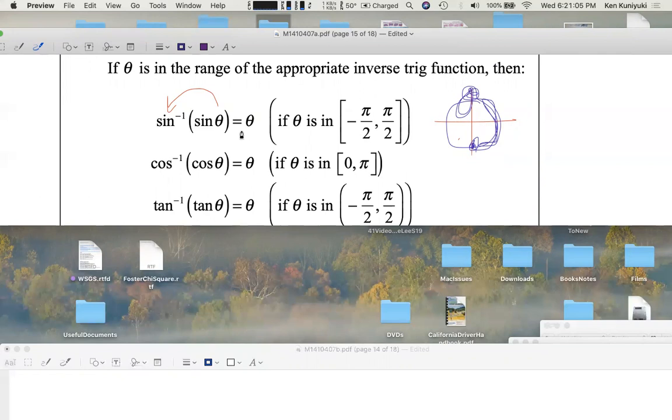Otherwise, what happens if theta is not in this range for inverse sine? Then one of several things could happen.